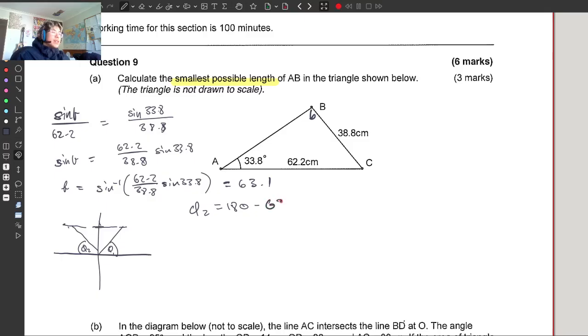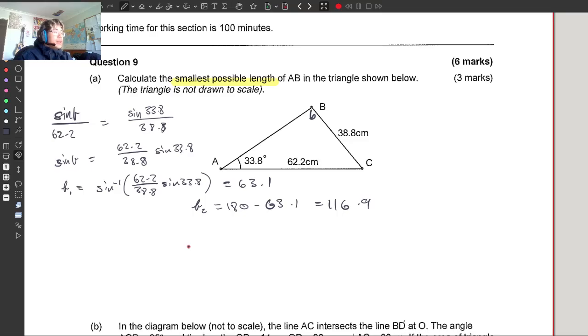So our second value is going to be 180 minus 63.1, which is 116.9. I think that if you do a ClassPad solve, it will automatically spit out the two values that you need. Maybe I'll just write this as B2 and B1. It can spit it out, but this is an easy way to see the alternate angle.